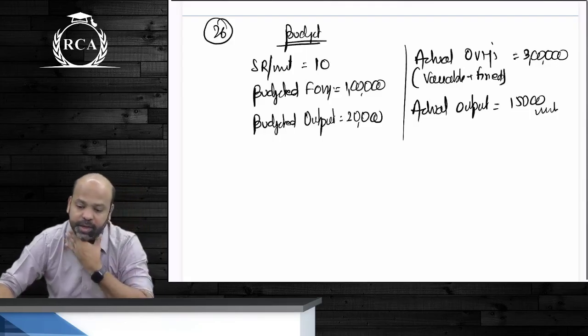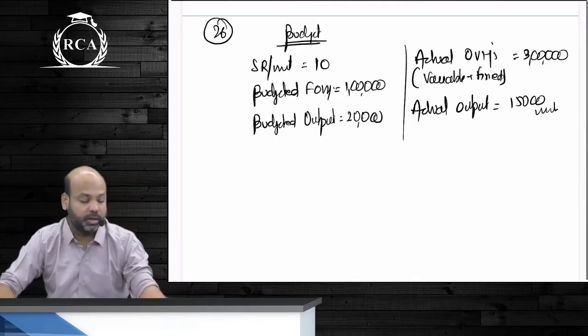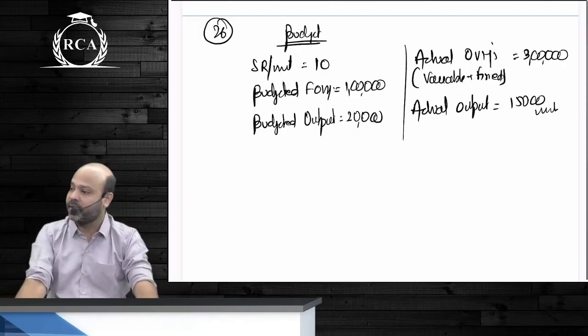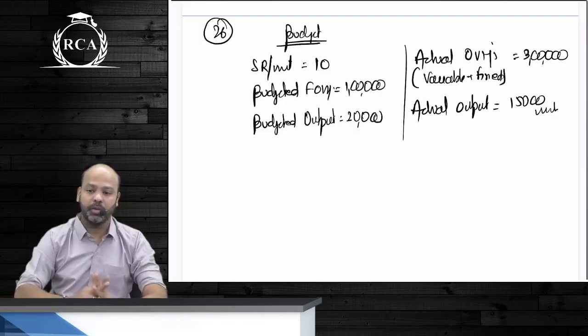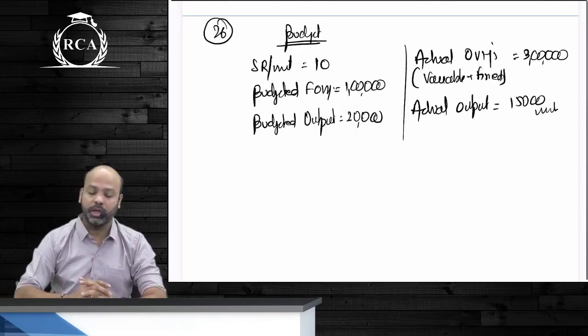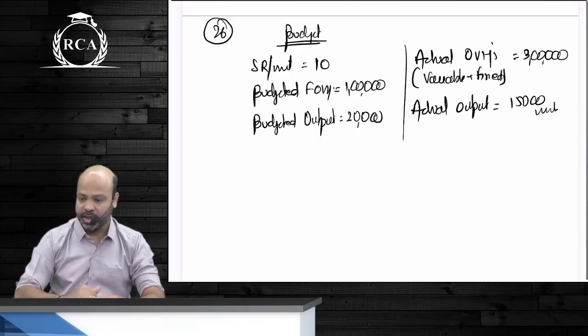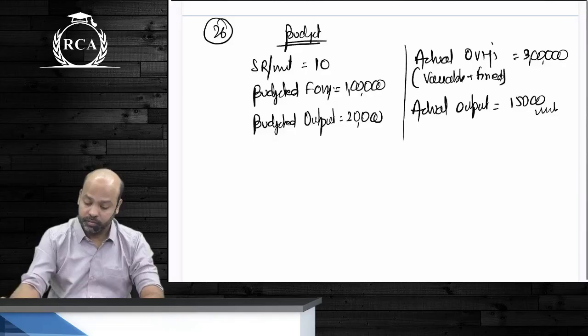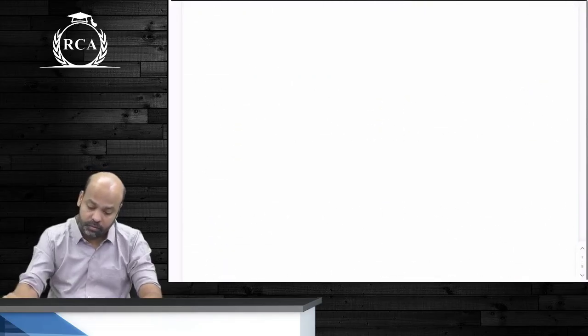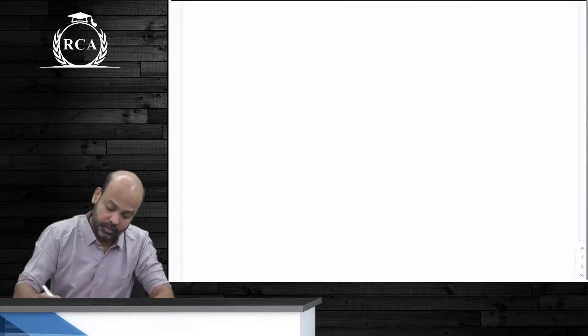Fixed overhead expenditure variance also cannot be computed separately. Below that, beta, copy this.